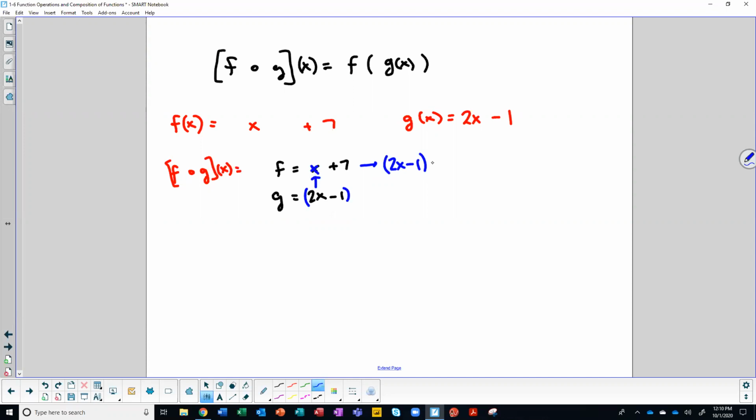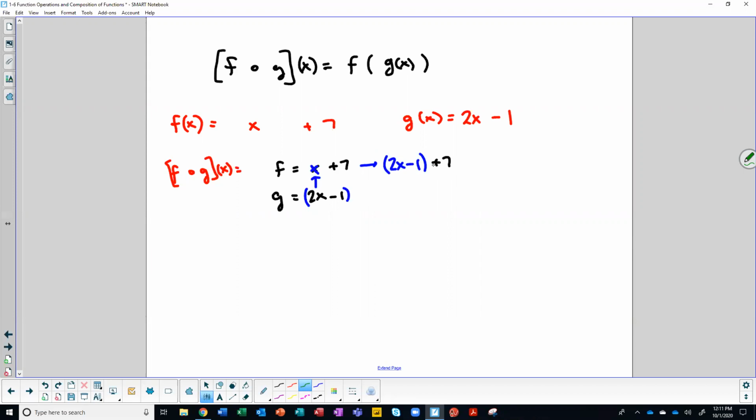2x minus 1 plus the 7. So notice only the x got removed, and it got replaced by g's equation. And if you can simplify, you do so. So in this one, I have the parentheses I don't need anymore because there's nothing to multiply with. Parentheses mean multiply. So I can drop the parentheses. But I have a minus 1 to plus 7.